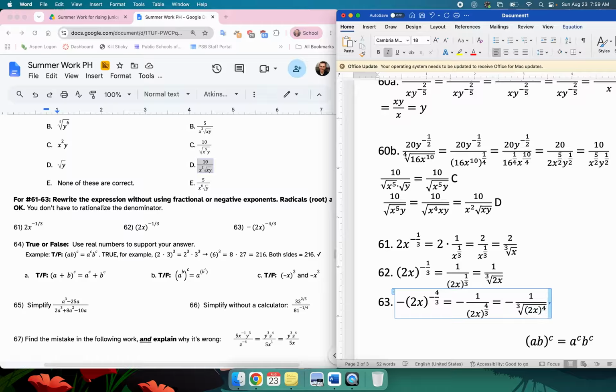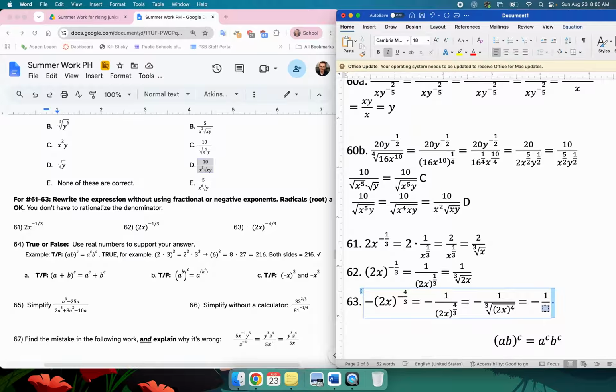Notice that both the 2 and the x are being hit by that 4 there. I would simplify that a little bit more. I think you can distribute that 4 and say this is 2 to the 4th, x to the 4th. Of course, 2 to the 4th is 2, 4, 8, 16. So 16 x to the 4th is probably what I would write.